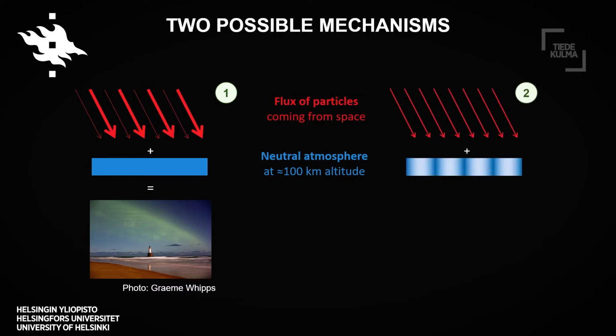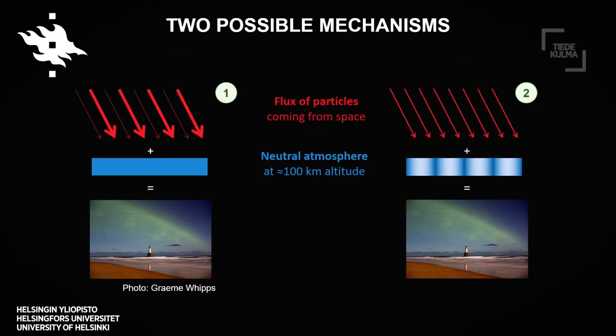But there's another possibility. It can be so that the precipitating flux coming from space is spatially homogeneous, but the neutral atmosphere itself at about 100-kilometer altitude has some kind of internal fluctuations, internal modulations, with areas which are denser, that is to say have more atmospheric constituents.